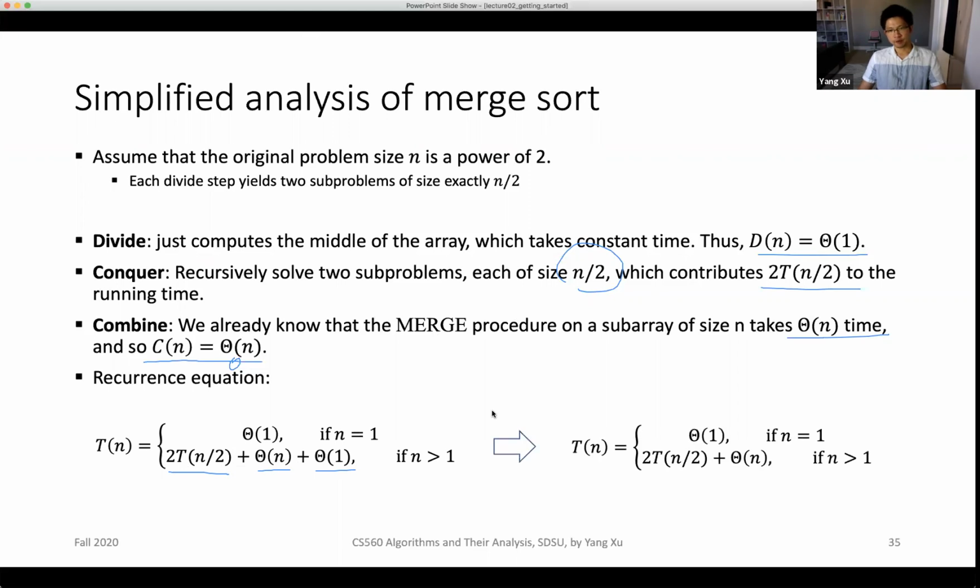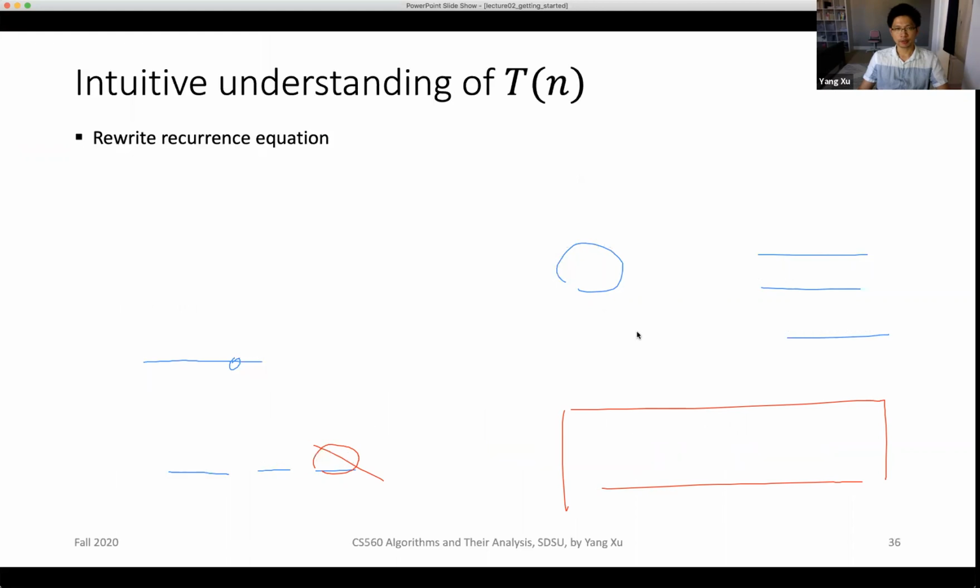If we further ignore the lower order term, the constant term here, because it's of lower order, we can ignore it. Then here is the final form of the recurrence equation for merge sort. Our next goal is to try to get some analytical solution out of this recurrence equation.